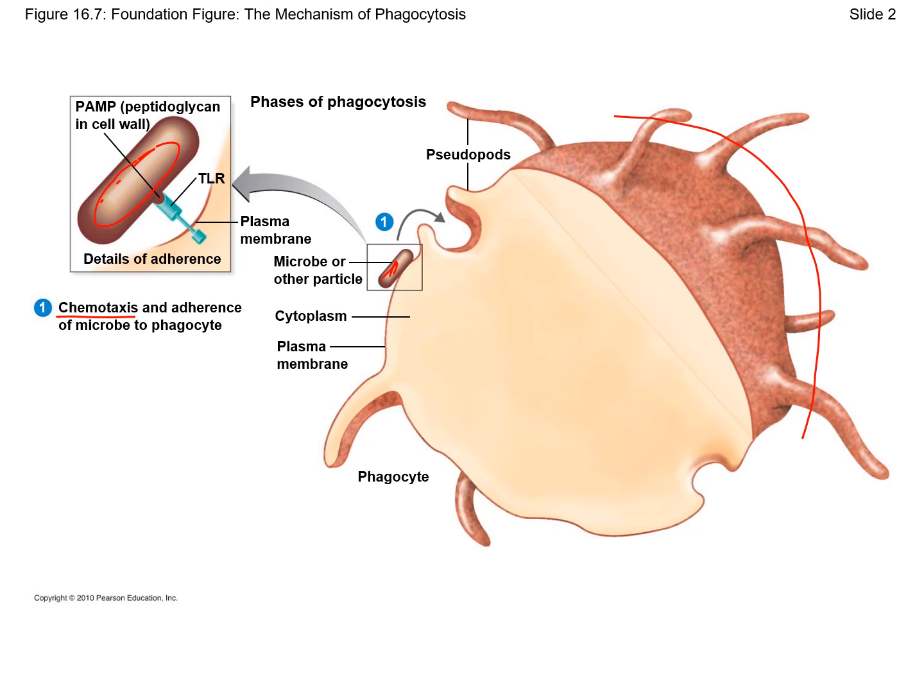So the very first thing is that the white blood cell needs to go to the area where the microbe is. Once it is there, then it needs to be able to adhere to the microbe, has to be able to attach to the microbe. Once the white blood cell has moved to where the microbe is and attached to the microbe, then the white blood cell will ingest the microbe.